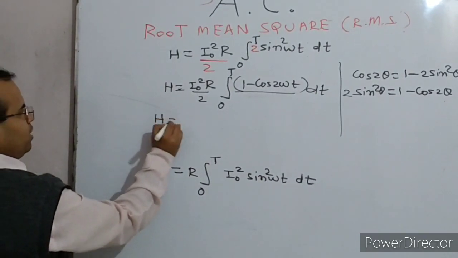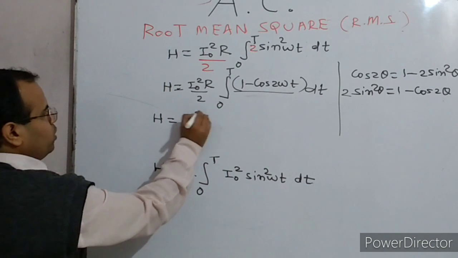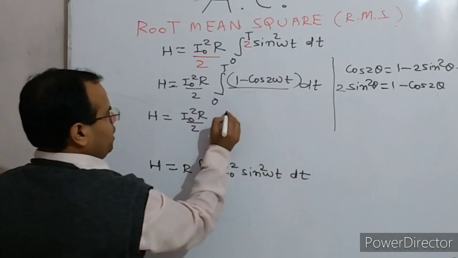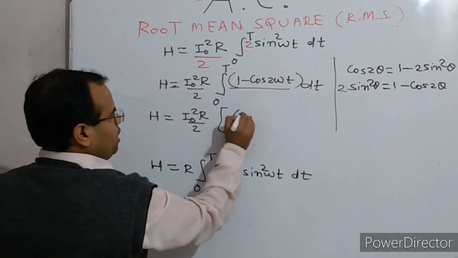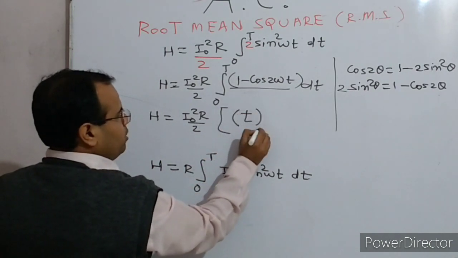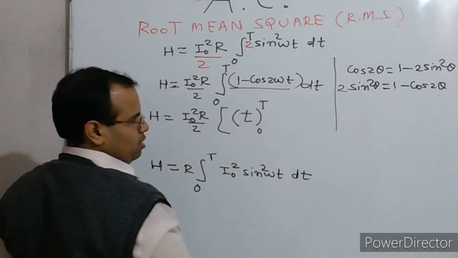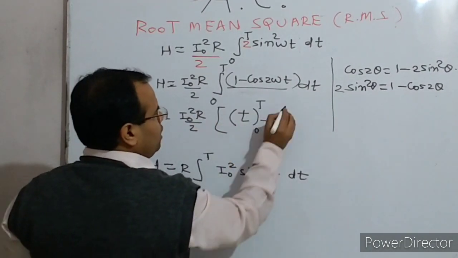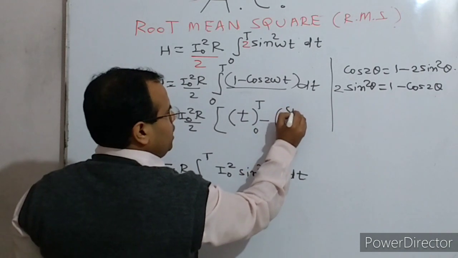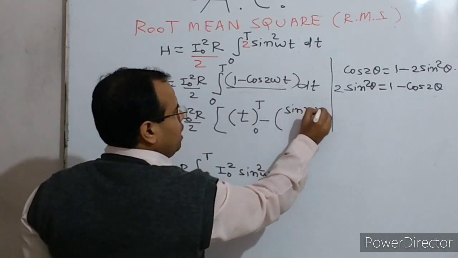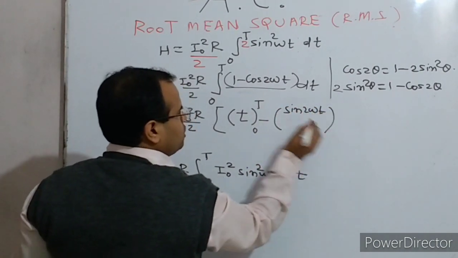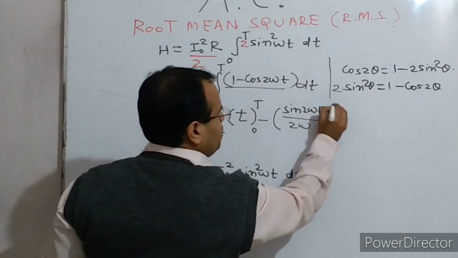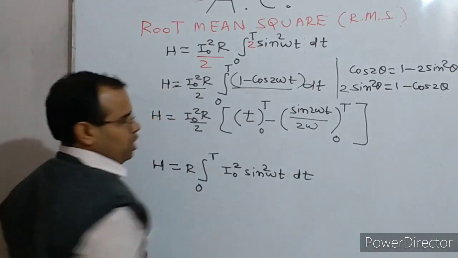You will get I naught square R by 2, and integration of 1 dt will give you t, small t, with limit 0 to capital T, minus integration of cos 2 omega t, which will give you sine 2 omega t, but because it was not t, you have to divide it by 2 omega, with limit 0 to capital T.